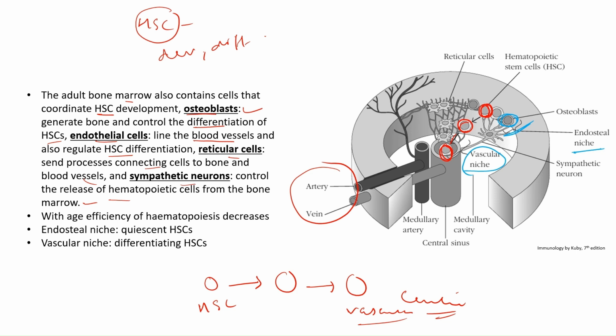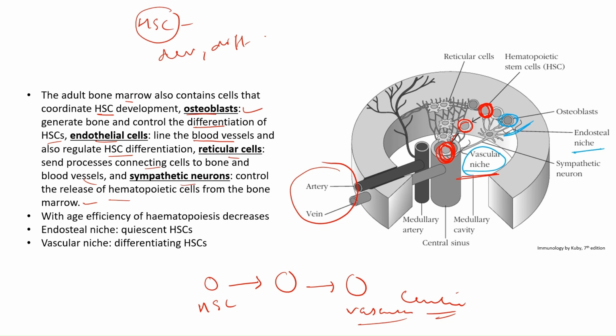The undifferentiated stem cells are present towards the outside, towards the border of the bone marrow. As soon as they become differentiated, or progress in the path of differentiation, they come towards the center of the bone marrow, known as the vascular niche, because in the center the arteries and veins are connected.